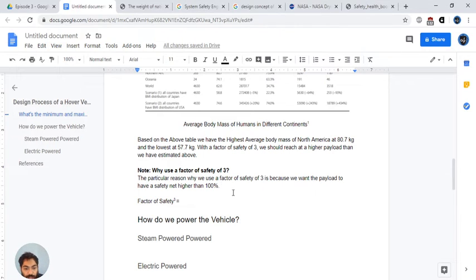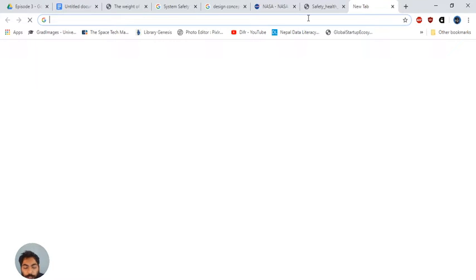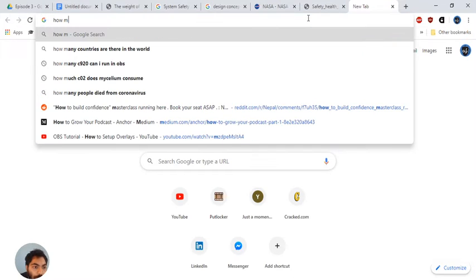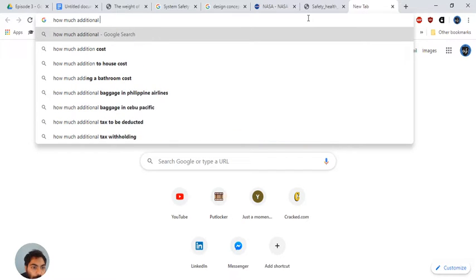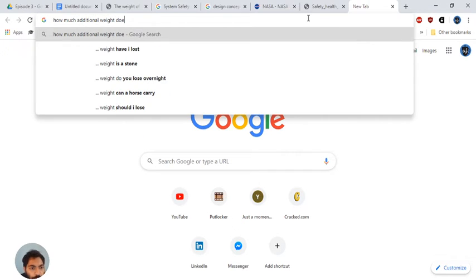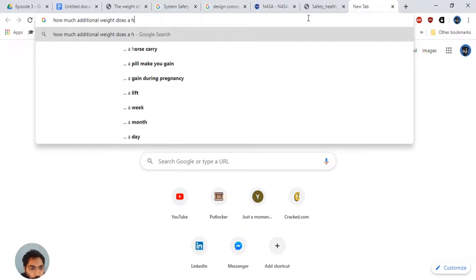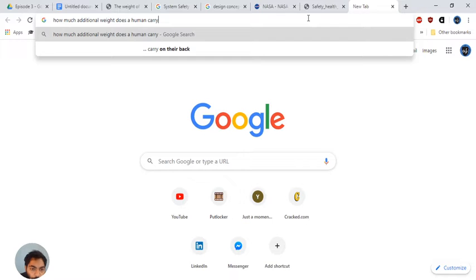So why I'm saying that is, my logic is, how much additional weight does a human carry?